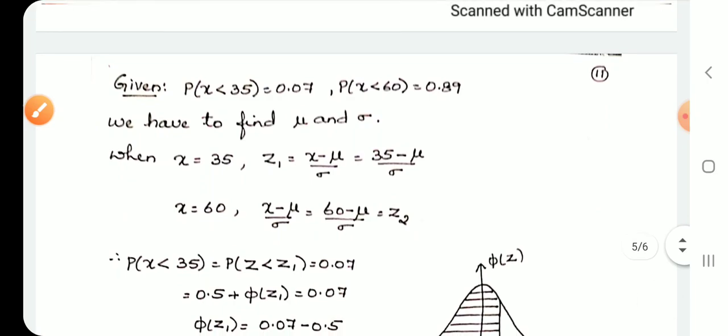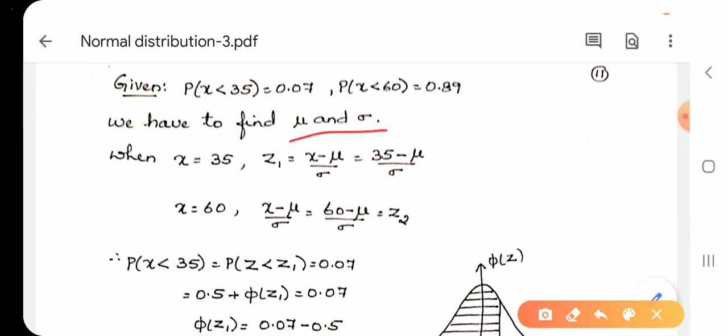Our aim is to find mu and sigma. So as in the previous problem, we will take the standard variate and find the corresponding values of z when x is 35 and x is 60. When x is 35, 35 minus mu by sigma, we will take the corresponding value of z as z1.